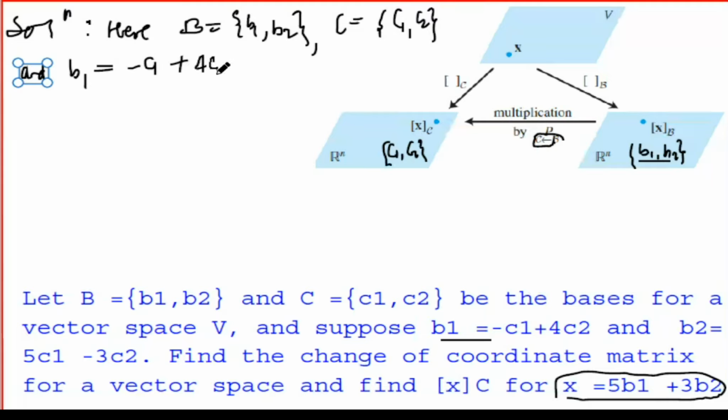This is given. B1 can be written in terms of the other basis vectors, a linear combination of C1 and C2.